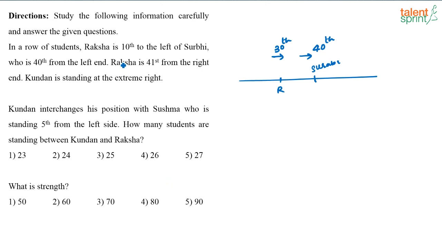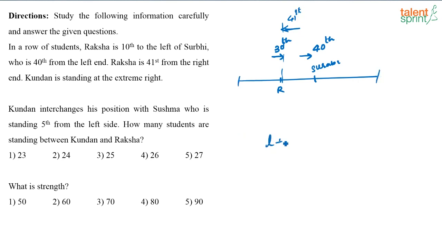Now it is also given that Raksha is 41st from the right end. So she is 30th from the left end and 41st from the right end. So totally how many people are there in the line?